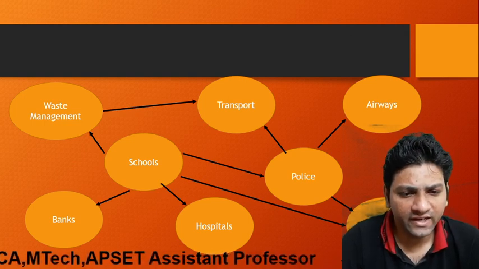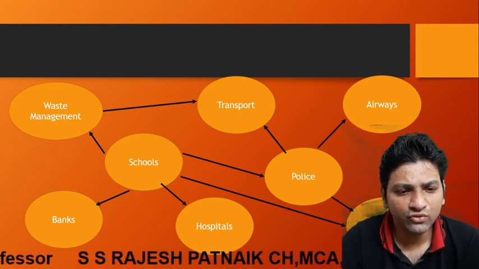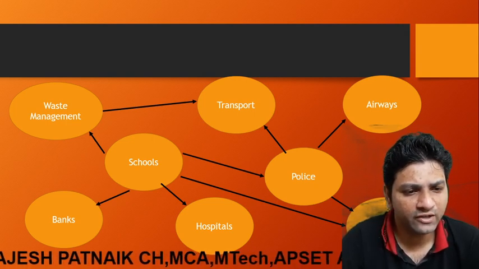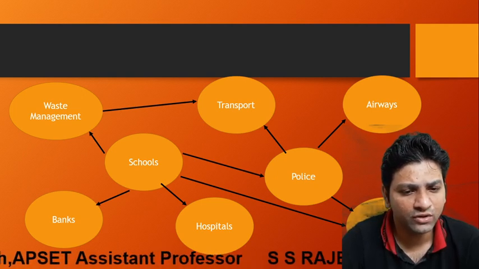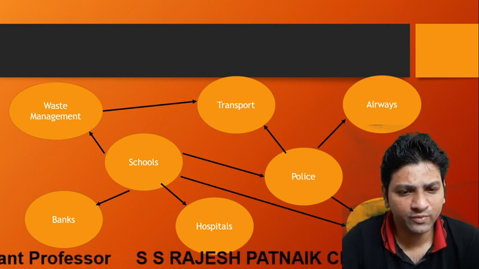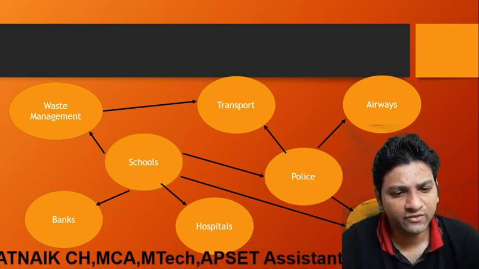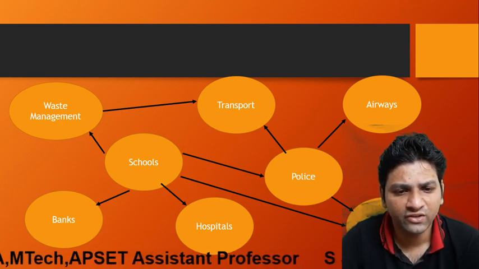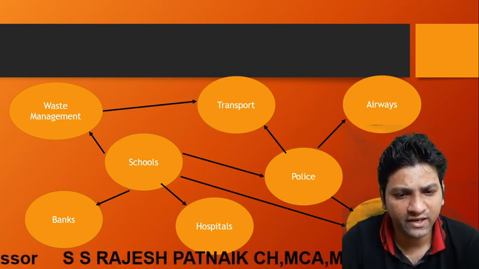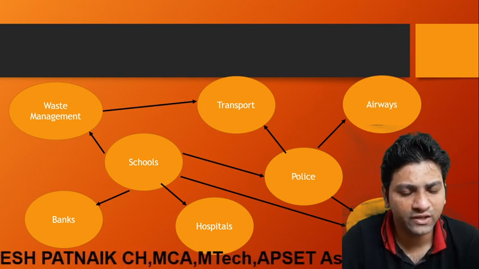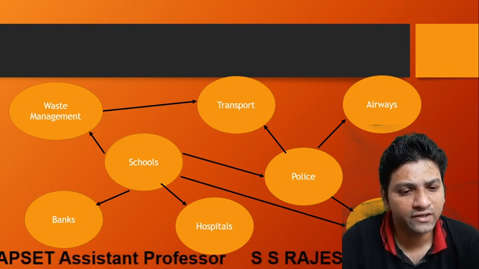If you take any one element, let us say schools, the school is connected to waste management, meaning the government collects the waste material from the school. The school is also related to the hospital: if any school child has a health problem, he or she can contact the hospital, and the health condition of the child will be monitored by the parent.